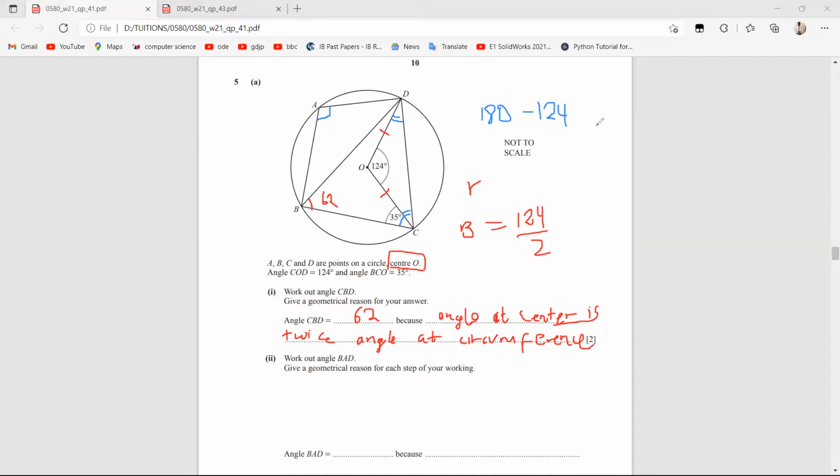All right. What do you get when you subtract 124 from 180 degrees? Let me just do that in my calculator. You get 56, okay? So 56 degrees is the angles remaining for that triangle OCD. Now what we do with 56, we divide it by 2 to get 28 there. That is 28, and this one down here is 28.